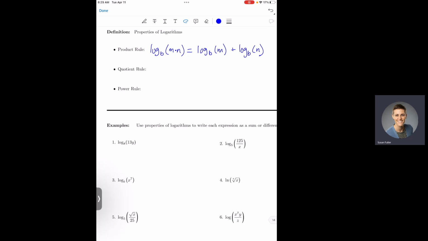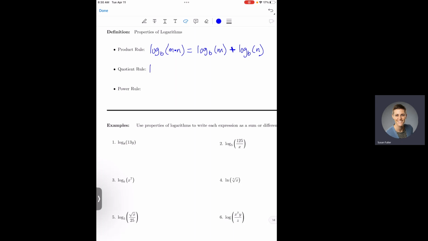So if you're multiplying two exponentials with the same base, then you add their exponents and keep the same base. And that's basically what this is. These are each individual exponents, so you can add them. But the big thing I need you to take away from this: multiplication inside a logarithm turns into addition outside, in separate logarithms.